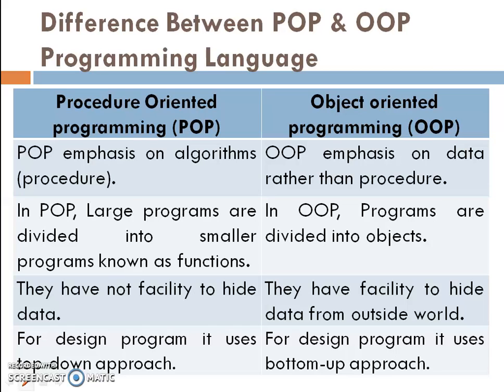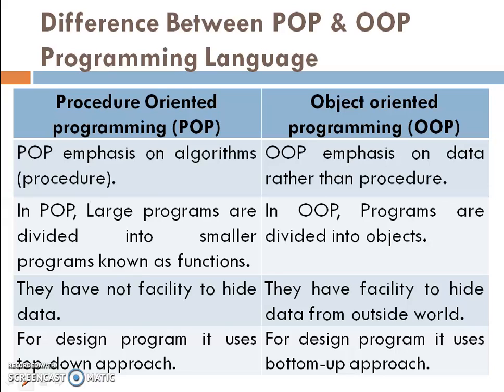Differentiate between POP and OOP programming language. Procedure-oriented programming language is POP and object-oriented programming language is OOP. Now, POP emphasis an algorithm like procedure. OOP emphasis on data rather than procedure.